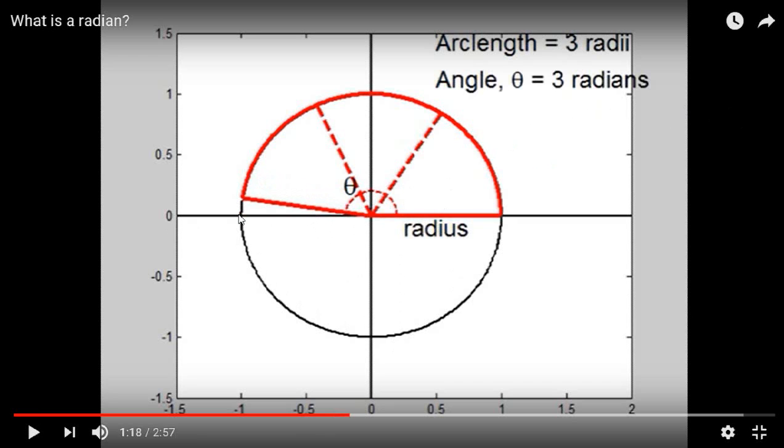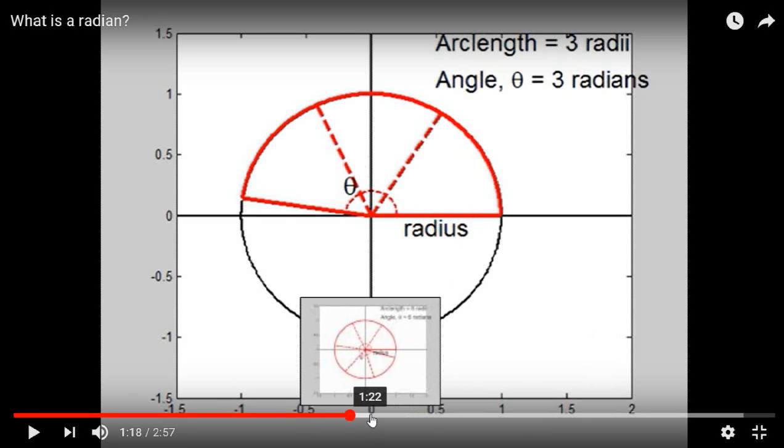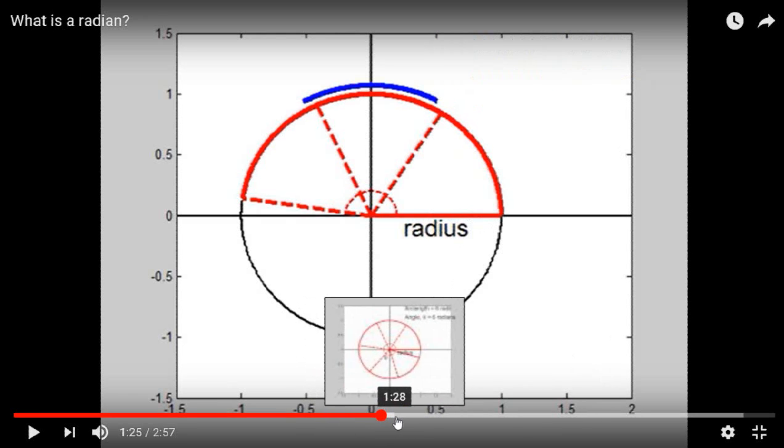Almost, though. Guess how many radians? 1, 2, 3, and a decimal. Guess how many fit in half the circle? 3 point 1, 4, 1, 5, 9, 2, 6. Pi. Okay, so now we're going to skip ahead.